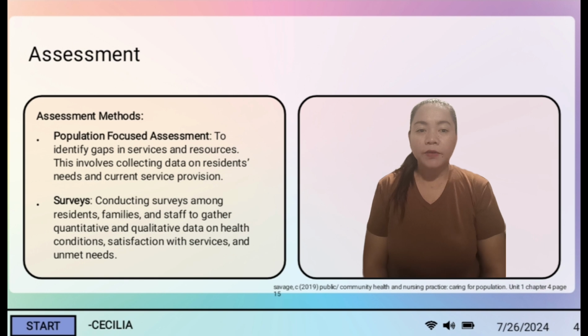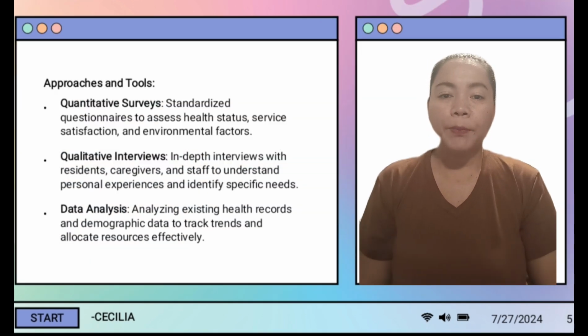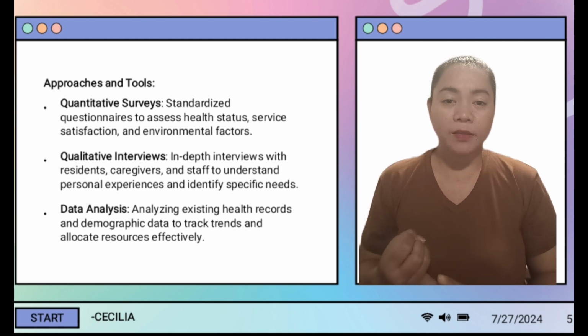Second, survey. We conduct a survey among residents, families, and staff to gather qualitative and quantitative data on health conditions, satisfaction with services, and unmet needs. Approaches and tools. In our study, we use three tools, which are the quantitative survey, qualitative interviews, and data analysis.